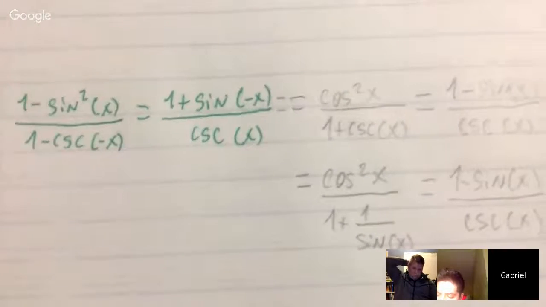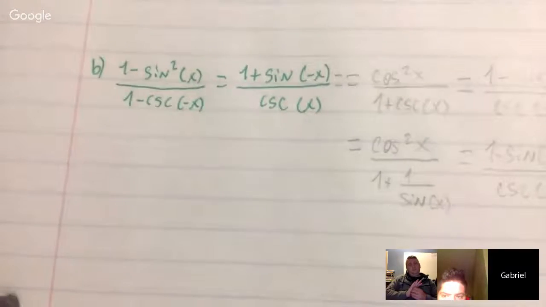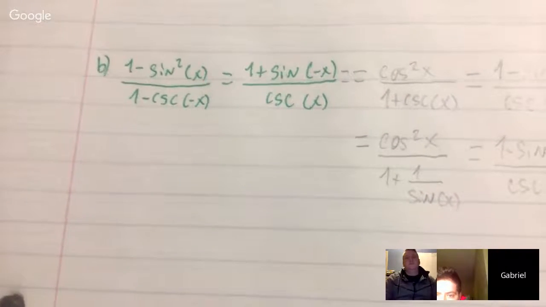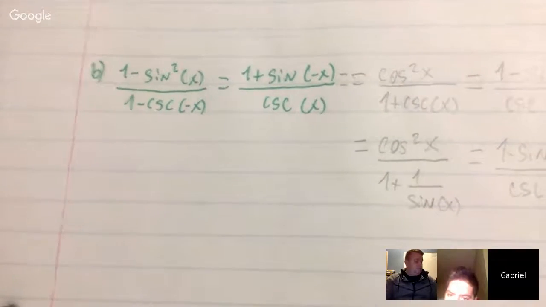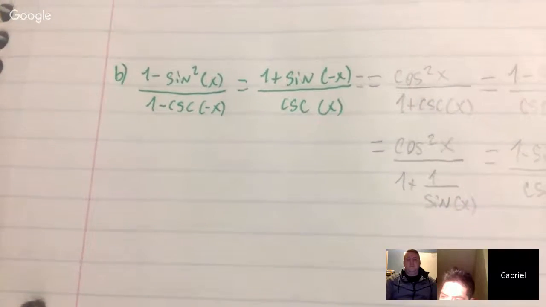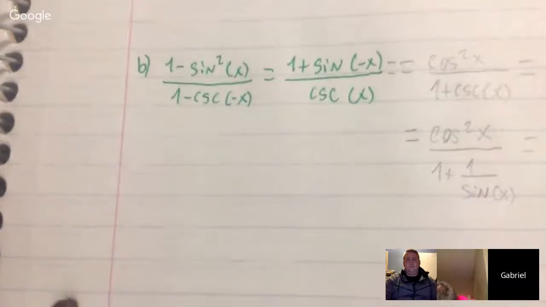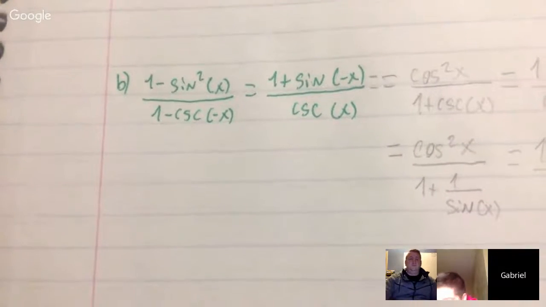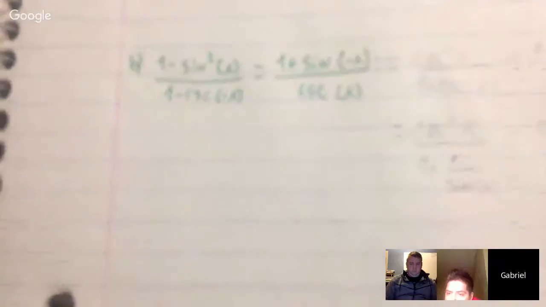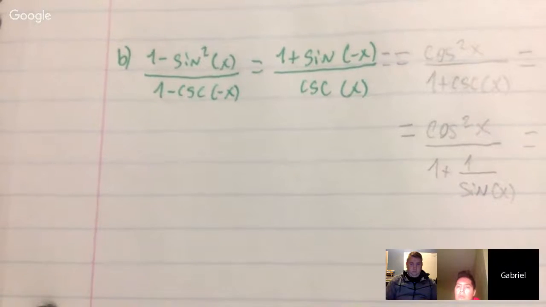Do we agree with that? In the Pythagorean theorem, that's what we have. And then 1 plus sine of minus x is the same as saying 1 minus sine of x. So I did modify both of them a little bit so it will be simpler to compare. But then in the denominator, I had 1 plus cosecant of x, and in the other one, cosecant of x.